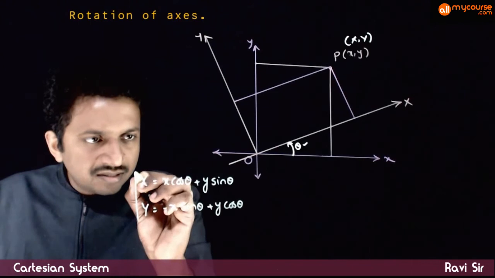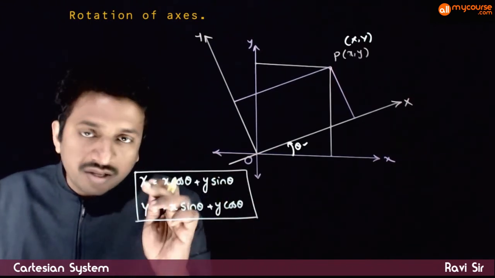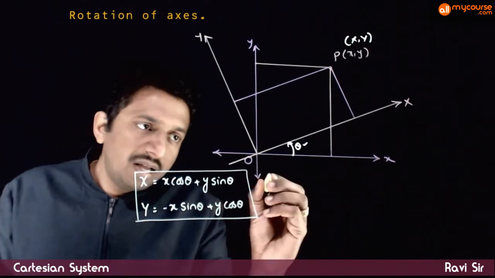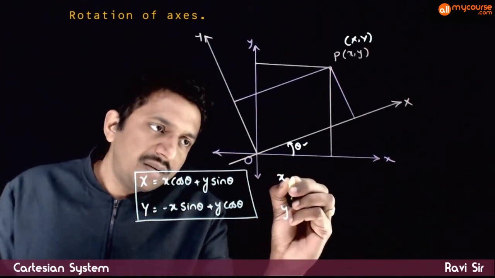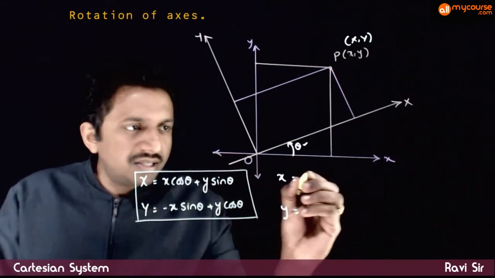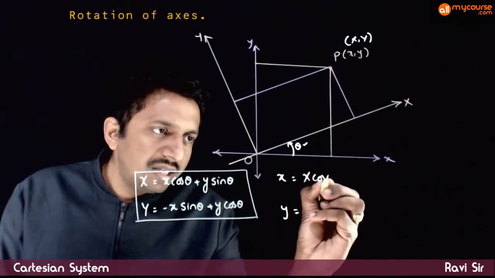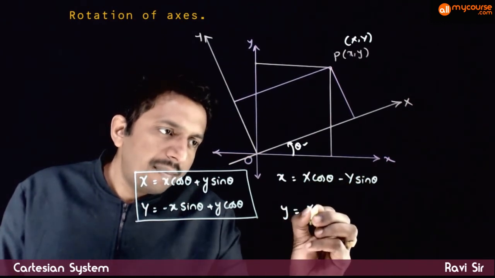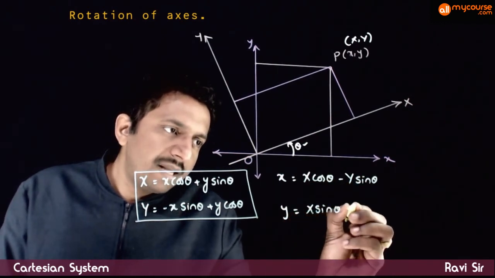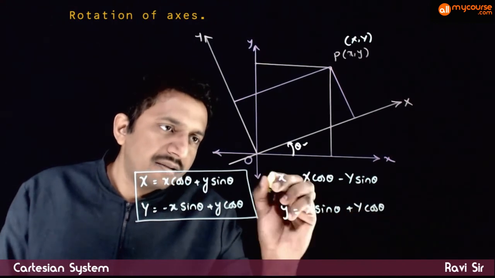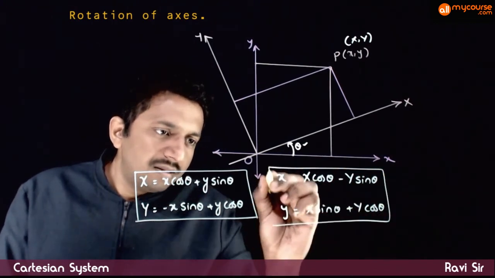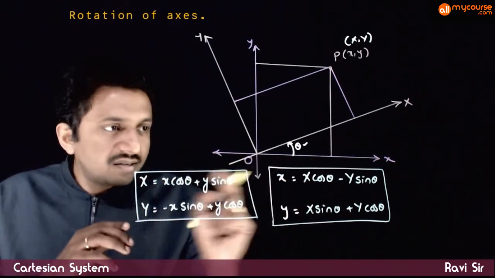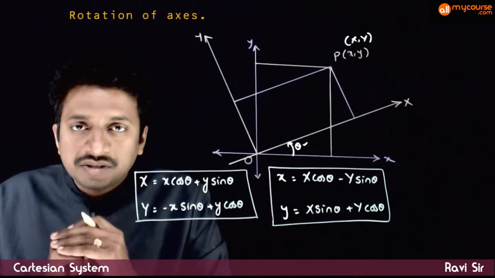These are the formulas for the new coordinates in terms of old coordinates. Now, the old coordinates in terms of new coordinates are small x equal to capital X cos theta minus capital Y sin theta, and small y equal to capital X sin theta plus capital Y cos theta. These are the formulas to get back the original coordinates from the new coordinates.